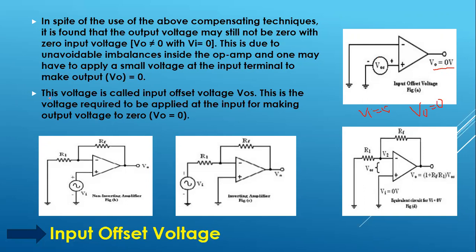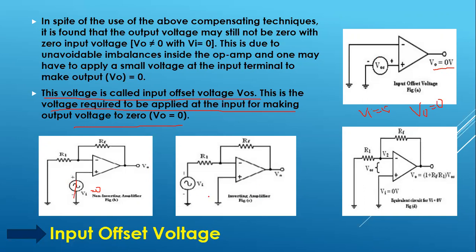So if you see here, you will have the definition. This is the voltage called input offset voltage VOS, and this is the voltage required to be applied at the input for making the output voltage 0. Consider that this is a non-inverting amplifier and this is an inverting amplifier. So if VI is equal to 0, what happens? This non-inverting amplifier input is directly connected to ground.